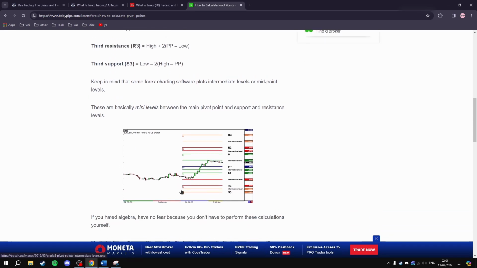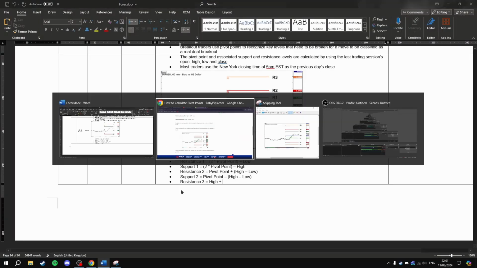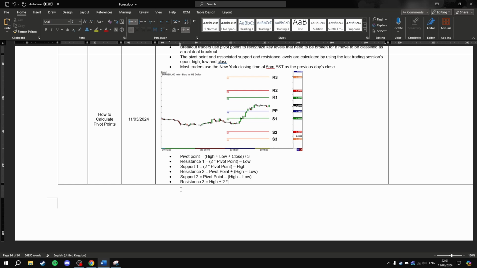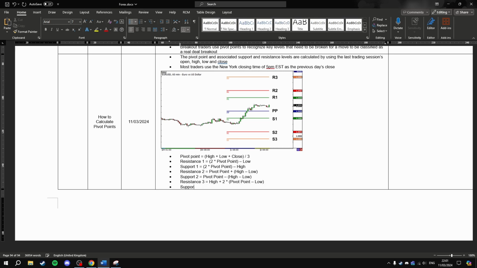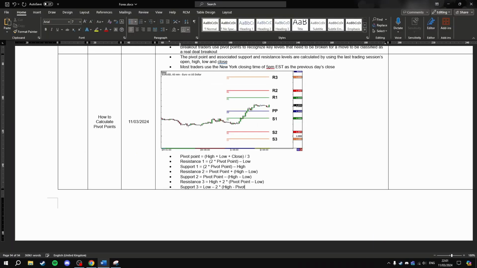Third level support resistance. Resistance 3 is equal to high plus 2 times pivot point minus low. Support 3 is equal to low minus 2 times high minus pivot point.